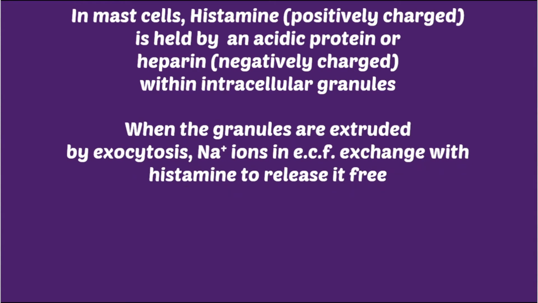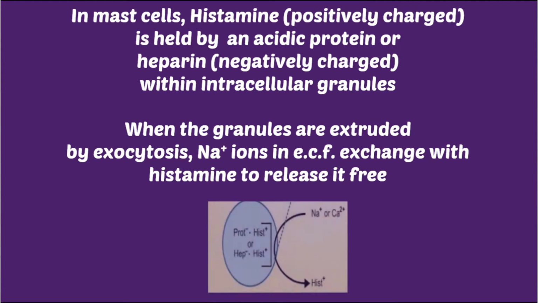When the granules are extruded by exocytosis, whenever there is release of histamine, release of these granules outside of the mast cell, what will happen? Sodium ion in extracellular fluid exchanges with histamine to release it free. So there is exchange of sodium with histamine ultimately.